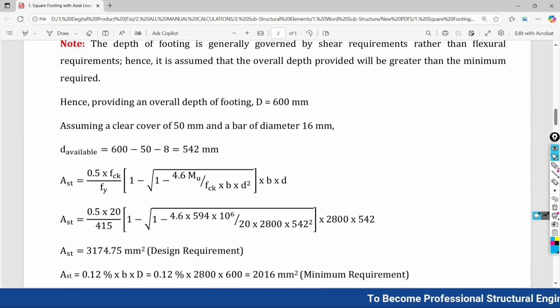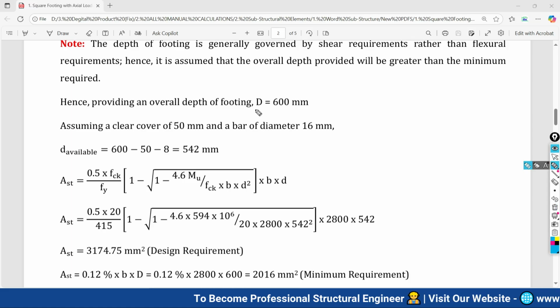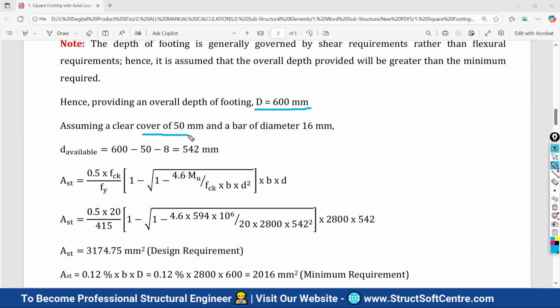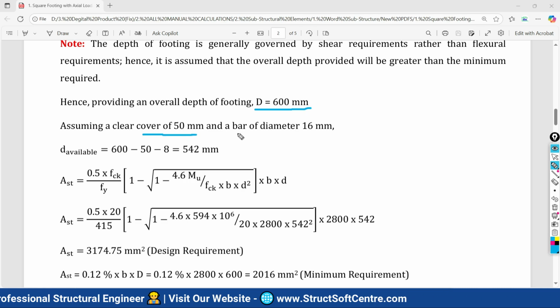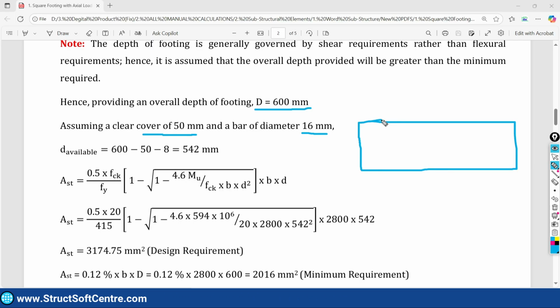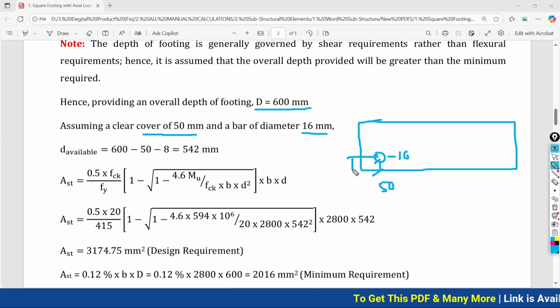Now finally we have to calculate the effective depth actually present if we decide the overall depth as 600. So assuming clear cover for the foundation as 50 mm and bar diameter 16 mm. Very simple, this is our foundation, this is your bar and this is your clear cover. The clear cover is 50, bar diameter is 16, and the effective cover is up to the center of the bar.